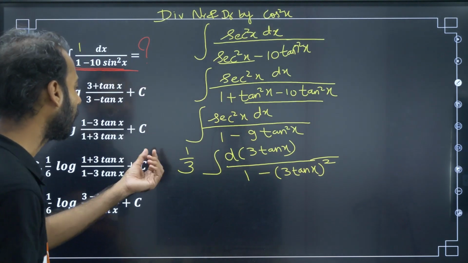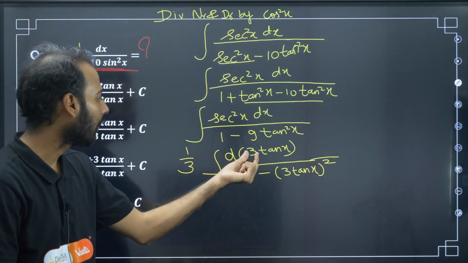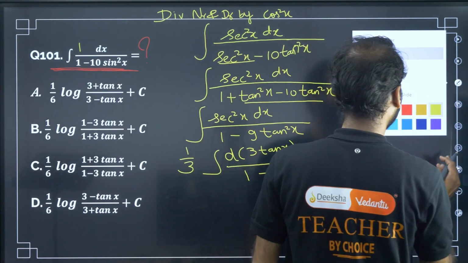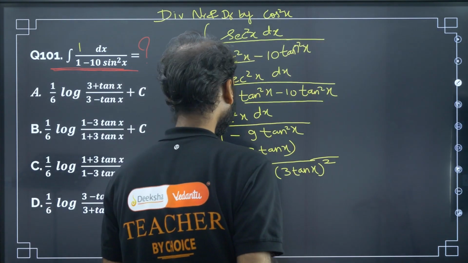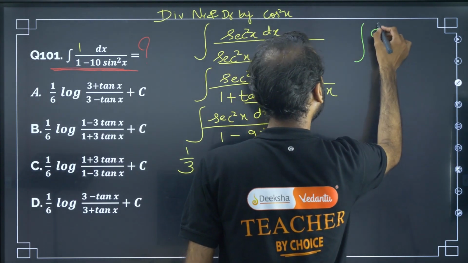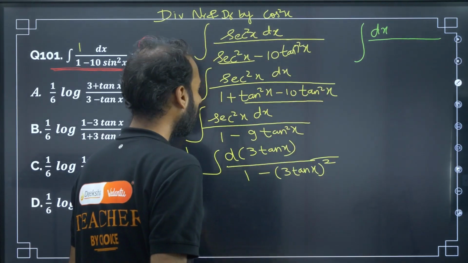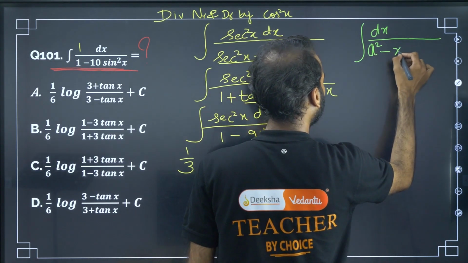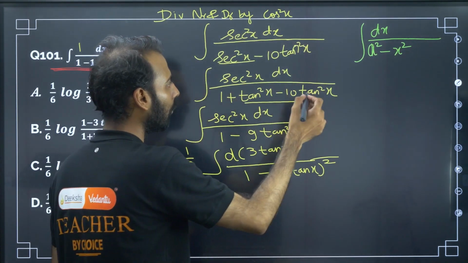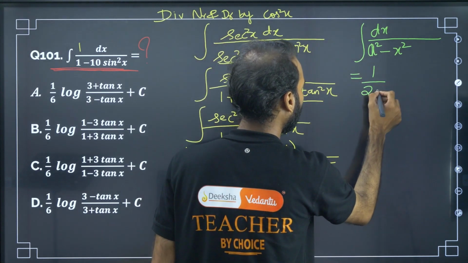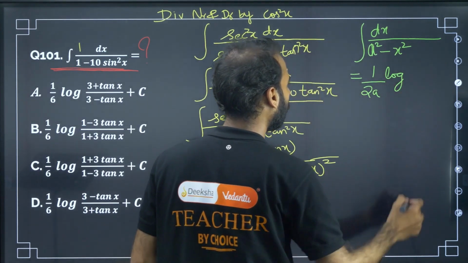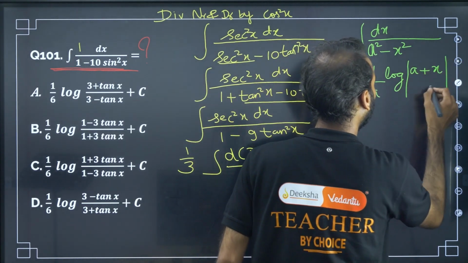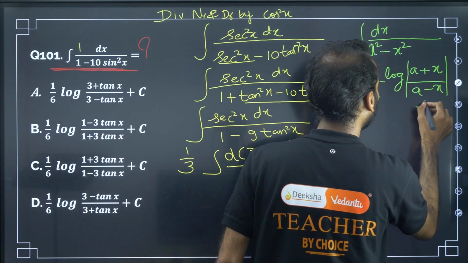Integration of 1 by 3. See here, what I have written as 1 by 3: differentiation of tan x is secant square, so I am writing like this. Now try to recall one formula: integral of dx by a square minus x square is equal to 1 by 2a log of (a plus x) by (a minus x) plus c.